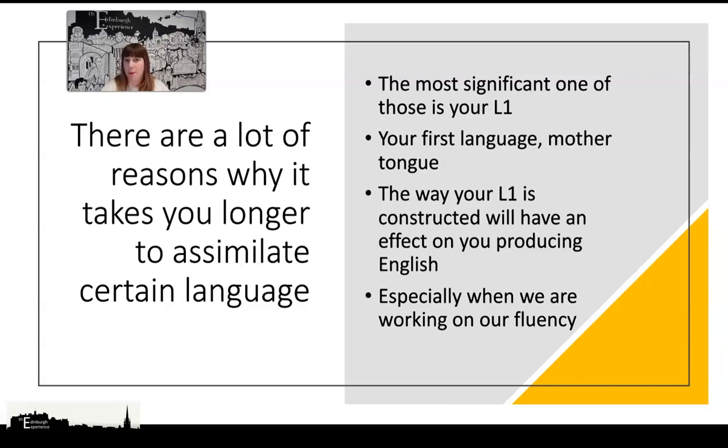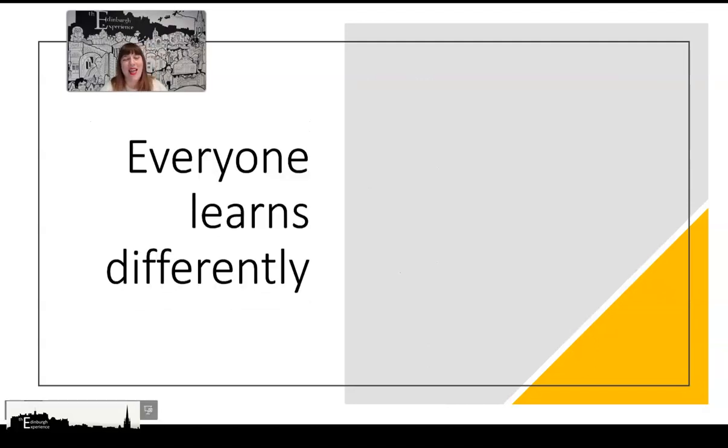So when you're trying to be more fluent, you will sometimes, without even noticing it, bring in structures from your own language, which makes sense because we're thinking quickly, we're trying to communicate an idea, and our brains are wired for our L1 more than the English, which would be our L2, or maybe L3 or 4 if you're learning lots of languages.